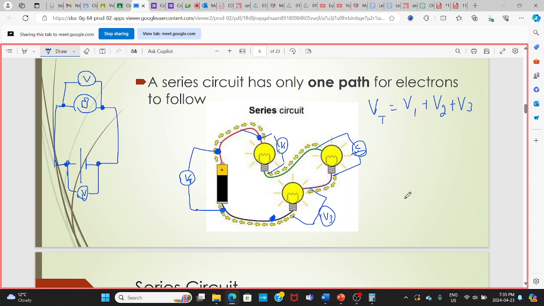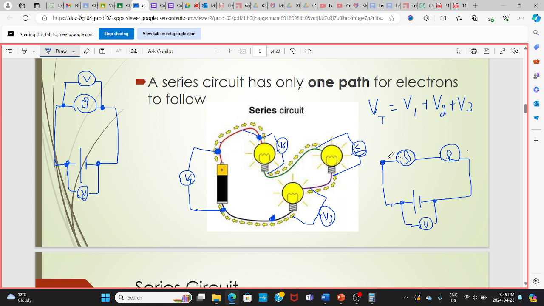But when you have two light bulbs in series, this is light bulb one, and this is another light bulb. The voltage that the battery provides would be the addition of these two, right?